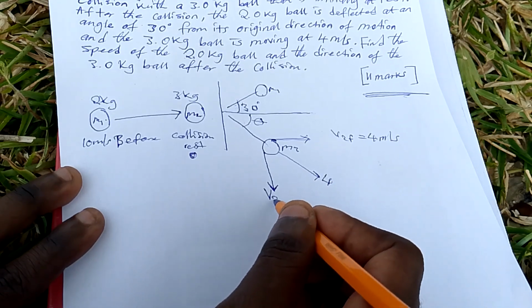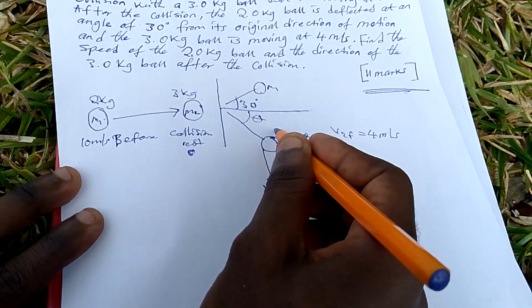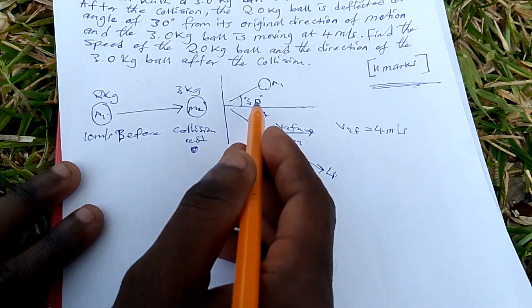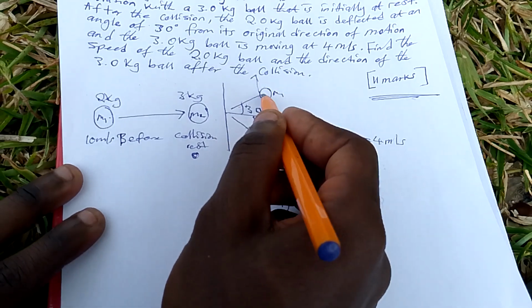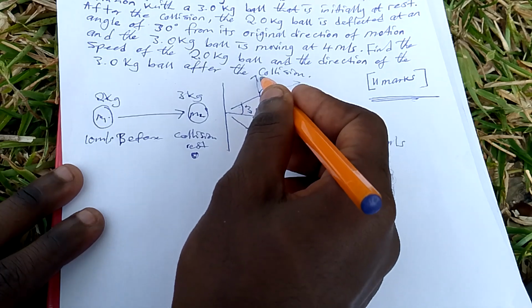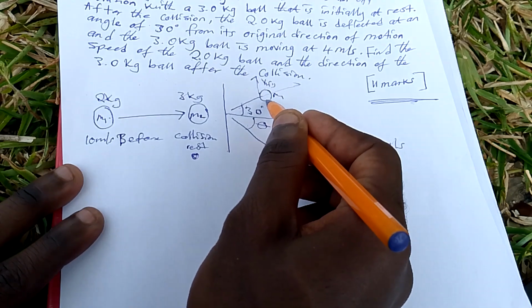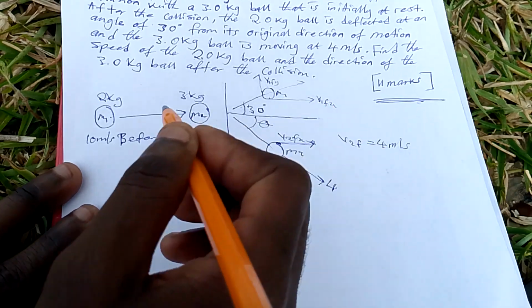We are going to call them V2 final Y and V2 final X. The same applies to the first ball: we need to resolve its final velocity into components, which we don't know, V1 final Y and V1 final X.